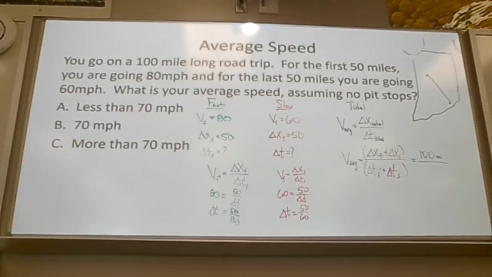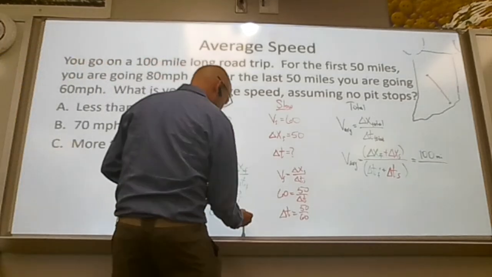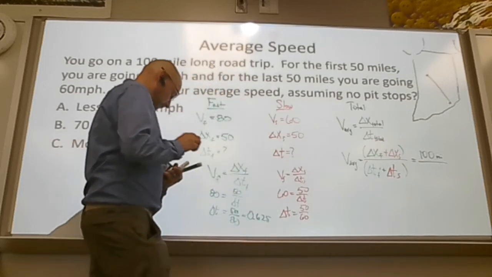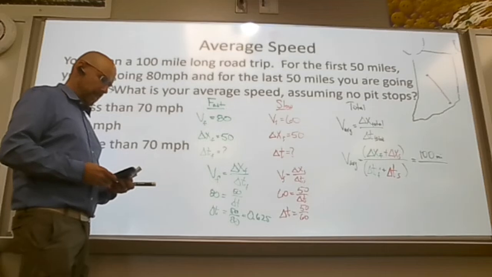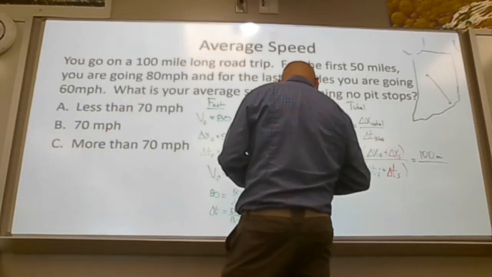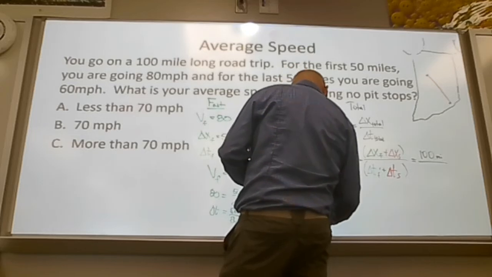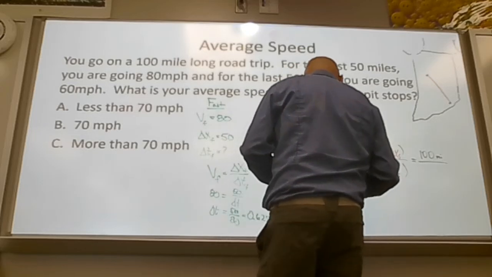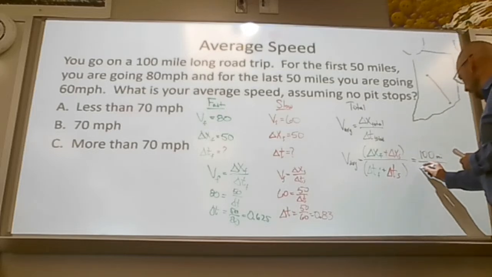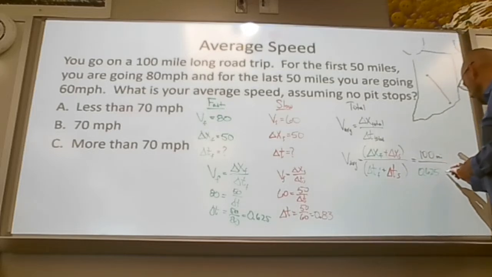So this is 0.625, and this is 0.833. So 0.625 plus 0.833.